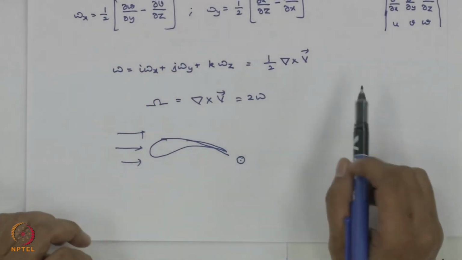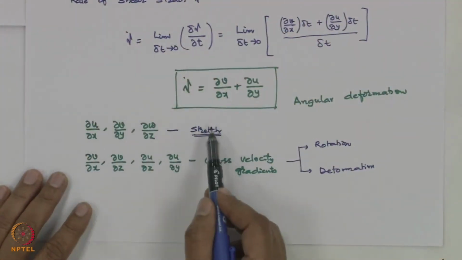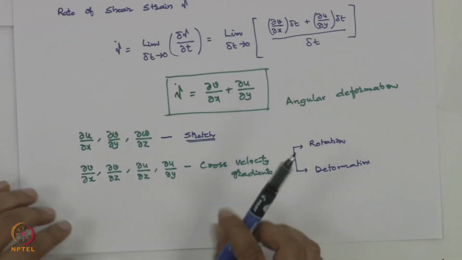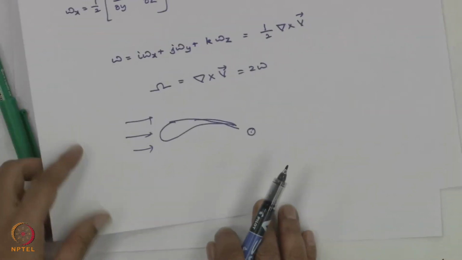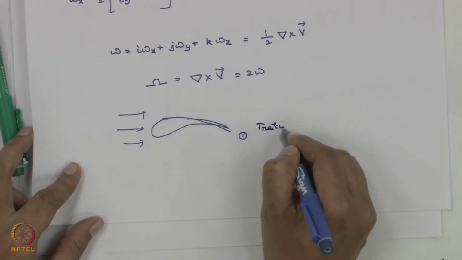Now in the next classes we are going to write conservation of mass, momentum, energy. But when you do mass, momentum and energy, you are going to come across these gradients. You should be imagining them as either stretching or compression. What we are saying is that if we take this blade, there would be trailing tip vortices.